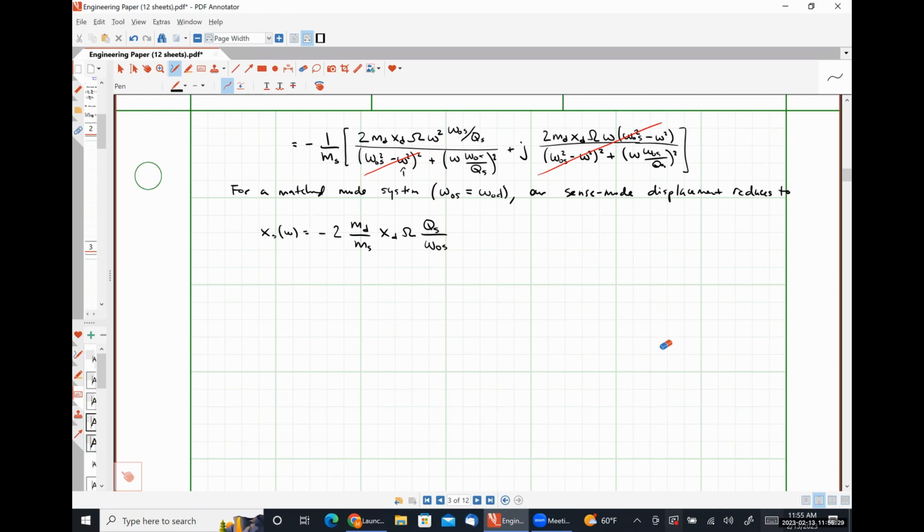Another problem with using matched modes is that it's expensive because we have to make sure that the resonant frequency of our sense mode and the resonant frequency of our drive mode are literally identical, right?